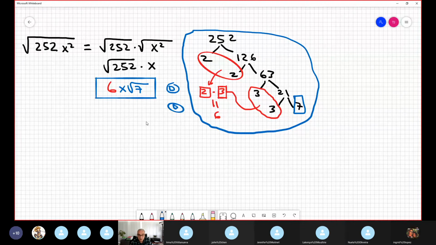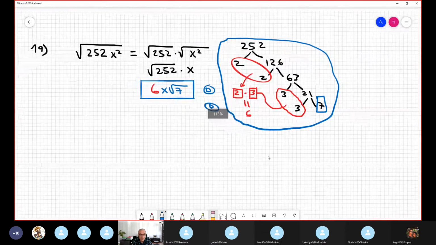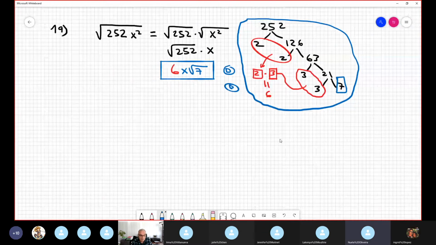We discover using this method that the 6 flies outside the radical. Yeah, I copy in red color. And the 7 stays inside the radical. Yeah, I copy in blue color. And before I discovered that x flies outside the radical. That's it. Now it's more clear or no? It is. Thank you.